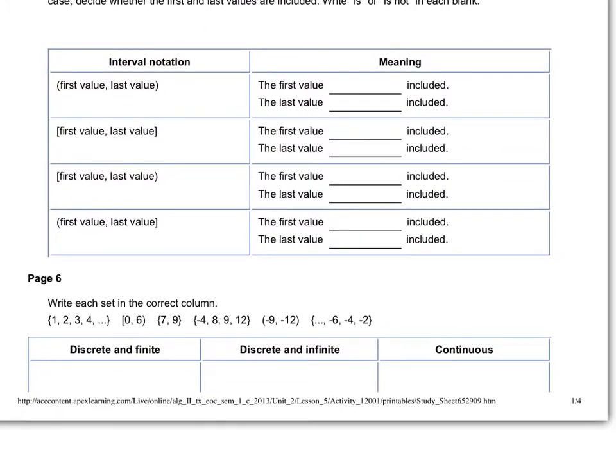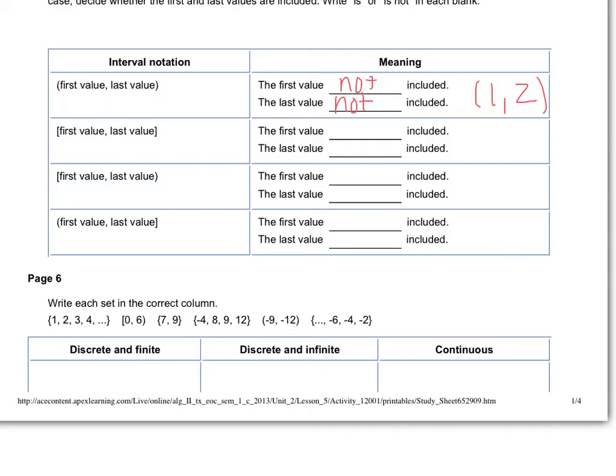When you use parentheses at both ends of a continuous notation, it means the first value and the last value are not included in the set. So if I write the set 1, 2 in parentheses, I'm saying I want all the numbers between 1 and 2, but not 1 and not 2.